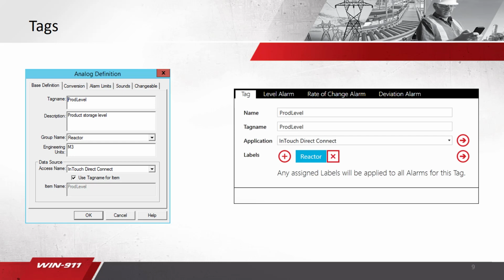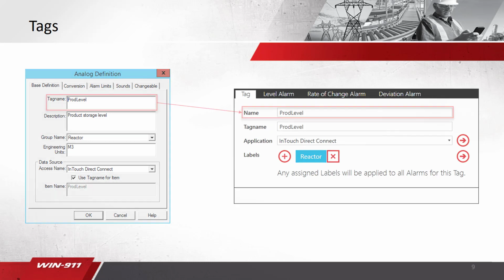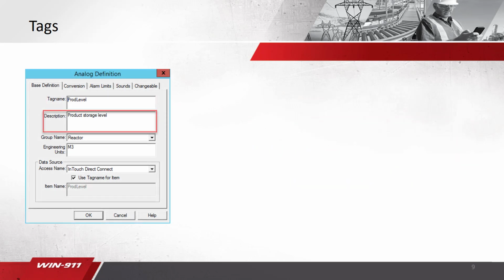So all the tags that were in your version 7 configuration are going to be imported, and your tag name will be retained. So we'll go through this here. You've got tag name, that becomes your name in the new product, so nothing special about that. Your description: in version 7 your description would always come from InTouch in real time.